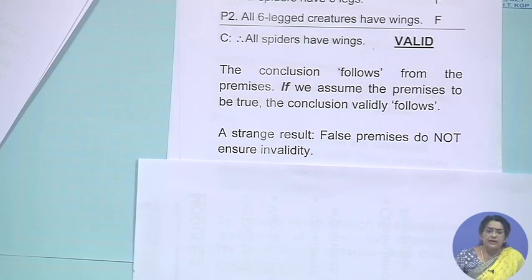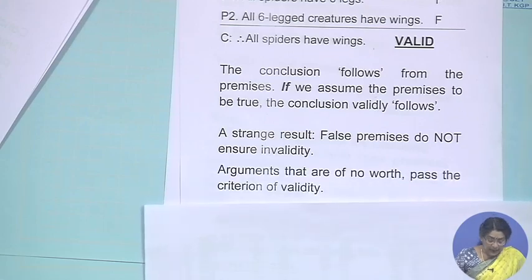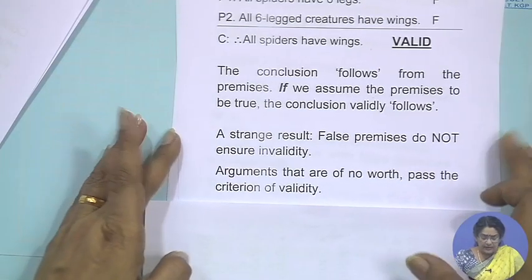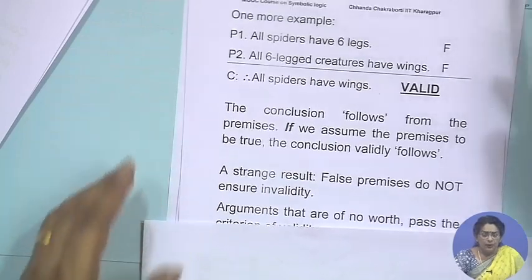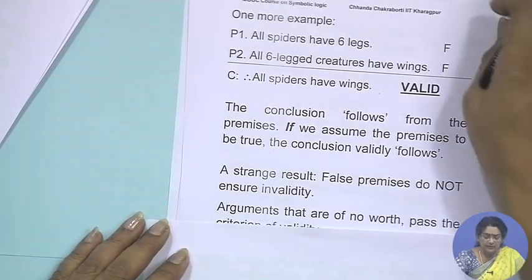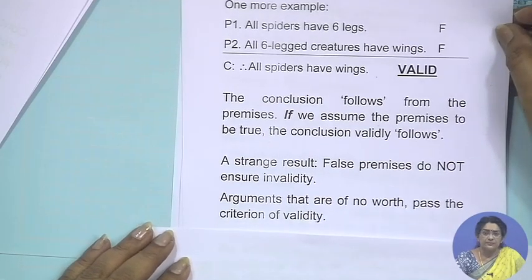So, the strange result is, as you saw, that just because you have a false premise or all false premises in your premise set, that does not ensure that you have an invalid argument at hand, which should have been the case, but it is not. In fact, as a result, worthless arguments, arguments of no value, are getting to be valid and passable.